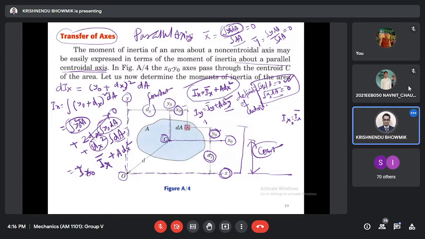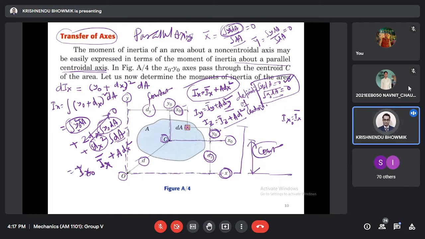Similarly, Iz equal to Iz bar plus A d square. This is the d. If it is so, you can write it this way.